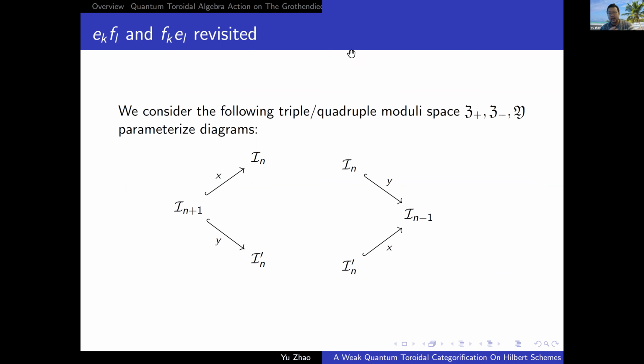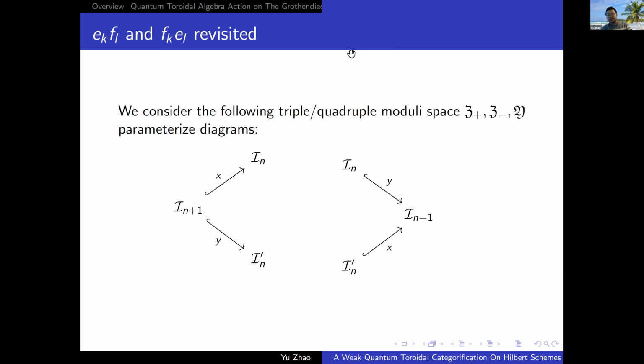Here, other than the Nakajima Hilbert scheme and the Hilbert scheme, we should define several more moduli spaces. First we introduce the quadruple moduli space, the triple moduli spaces Z plus and Z minus, the left side Z plus and the right side Z minus. They parameterize the diagram such that the ideal sheaf I_{n+1} is included in two ideal sheaves, which might be different or the same, I_n and I_n', and their quotients will be the point x and another point y.